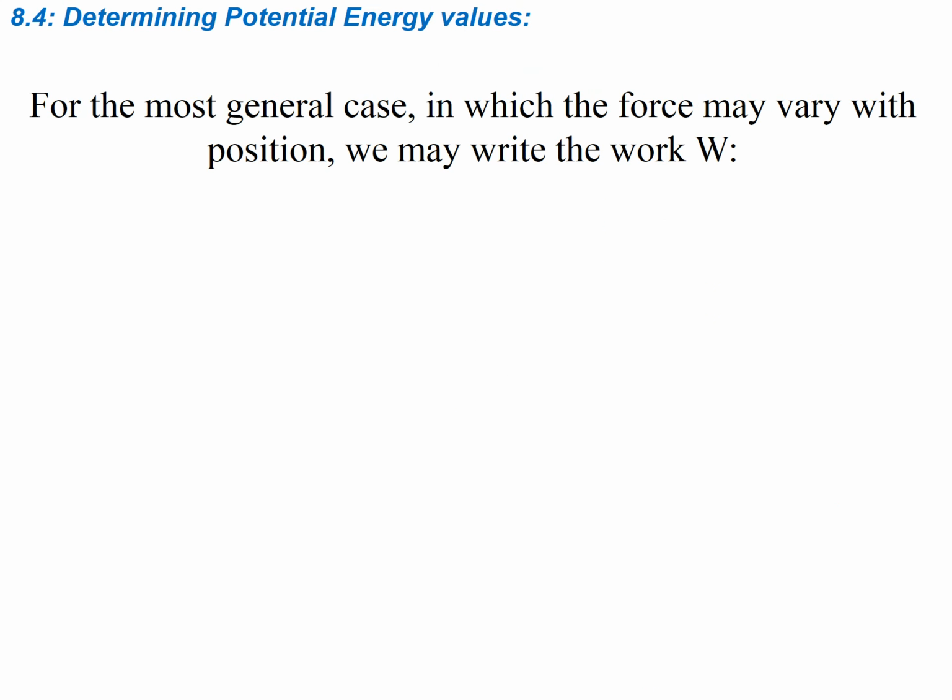Now, determining potential energy values. For the most general case in which the force may vary with position, we may write work as the integral from xi to xf of force times the incremental distance.